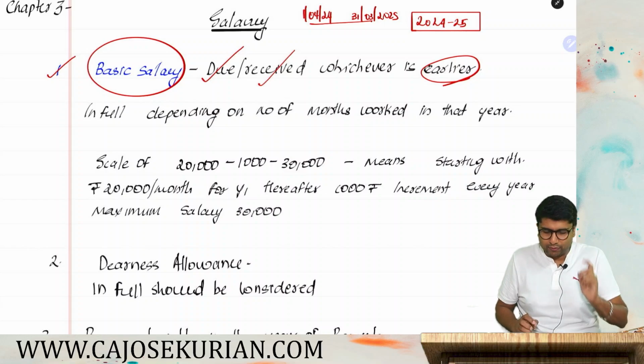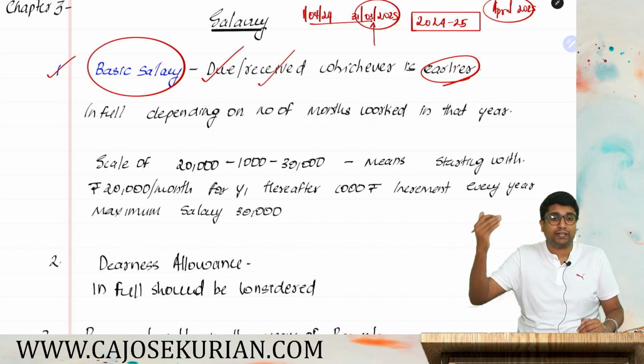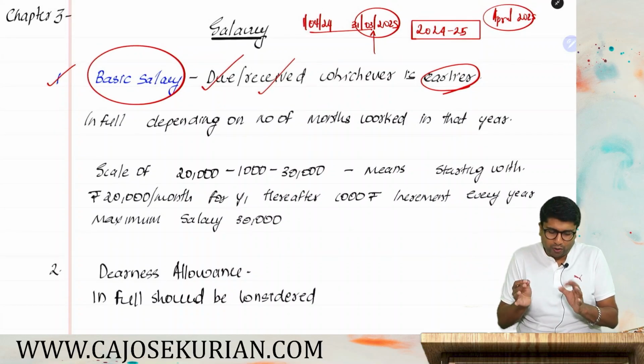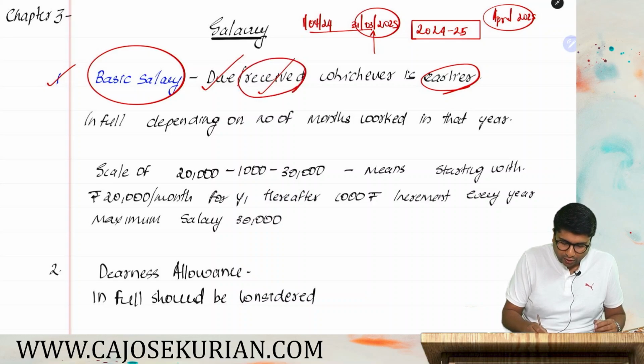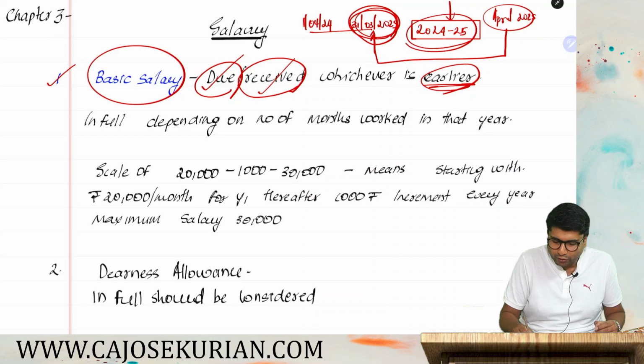However, say in the question they are saying that April 2025 salary has been received in advance in March. In March 2025, you have received an advance of salary for the month of April 2025. So it is received or due, whichever is earlier. That advance also will be taxable in the year 24-25.